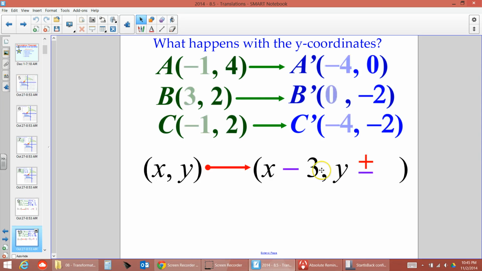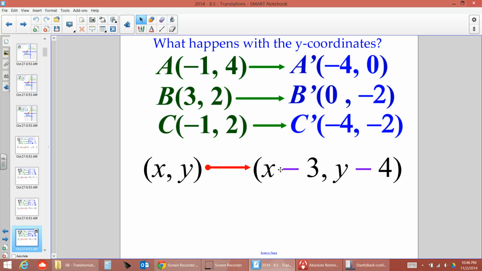We do that by adding or subtracting some number to both the x and the y. In this case, we subtracted 3 from the x value. -1 minus 3 got us to -4, and we subtracted 4 from the y value. So this right here is our transformation rule. We subtract 3 from the x value and 4 from the y value.